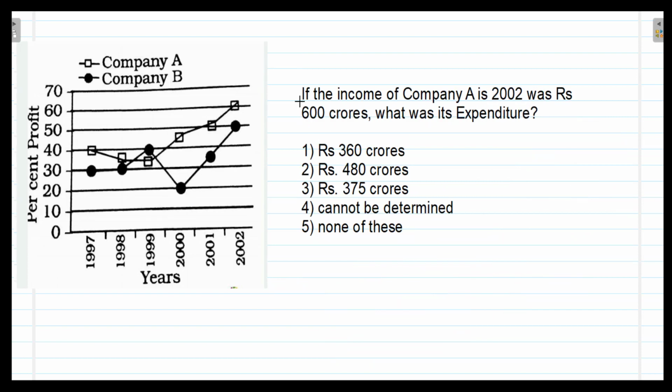So the next question is that if the income of company A in 2002 is rupees 600 crores, what is its expenditure? Now here it is given that the company A in 2002, its income is 600 crore, and you have to find the expenditure.